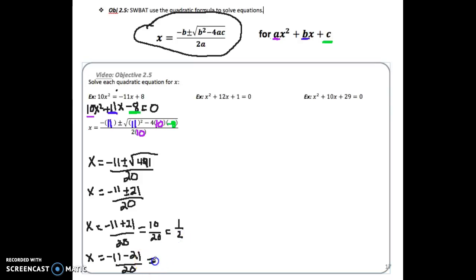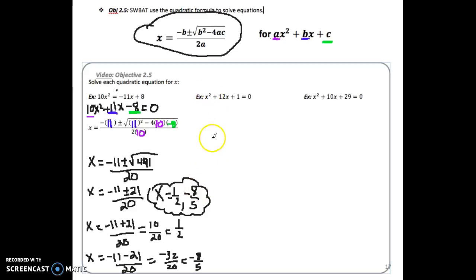Our second answer is negative 11 minus 21, which gives us negative 32 over 20, which reduces to negative 8 over 5. So my two answers are x equals a half and negative 8 over 5. Meaning if I graphed this quadratic, it's going to cross the x-axis at 1/2 and negative 8/5.